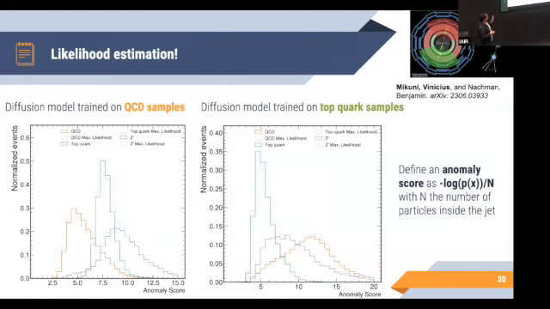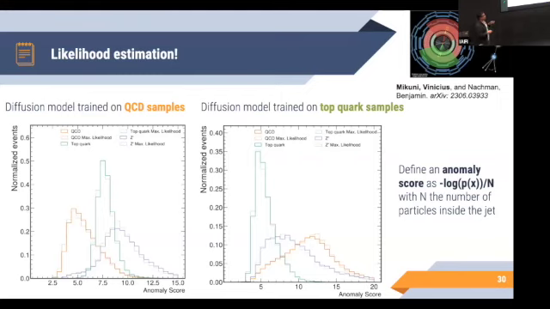And then we can define, for example, an anomaly score that tries to identify what is anomalous within your data set. If this anomaly score is the minus log p divided by the number of particles that I have in my jets, then it will give lower numbers for things that are common within your data set.